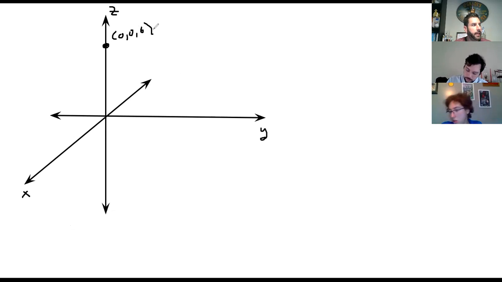Now, what if I set, for example, z and x to 0? If I set z and x to 0, I get y has to be 2. So this is the point 0, 2, 0.